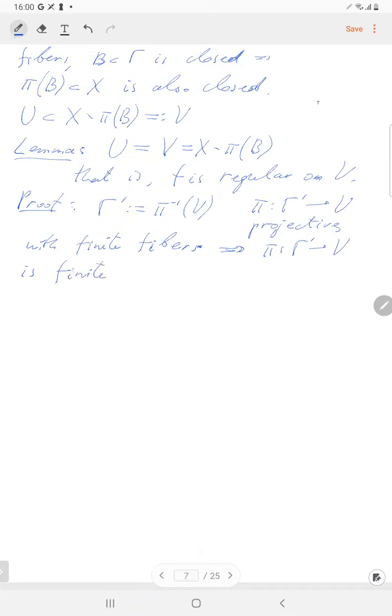So a projective morphism with finite fibers is necessarily finite.